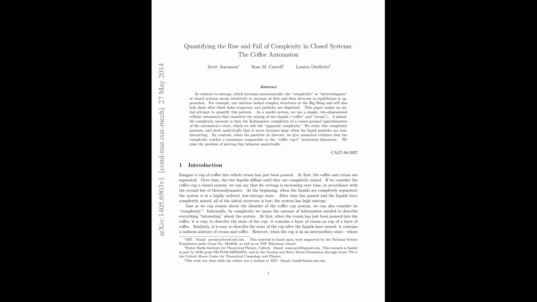Now let's walk through some questions you might have after hearing all of this. Why does coarse graining make a random, mixed state look simple when its raw Kolmogorov complexity is enormous? The raw mixed state has high Kolmogorov complexity precisely because the exact positions of particles are random and uncompressible.